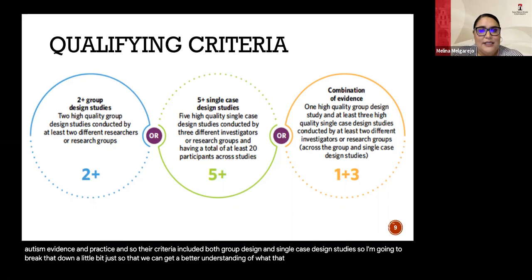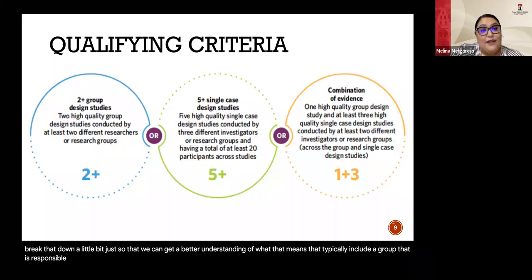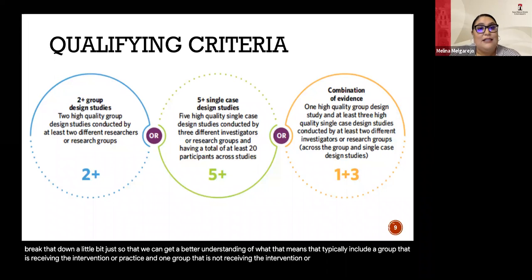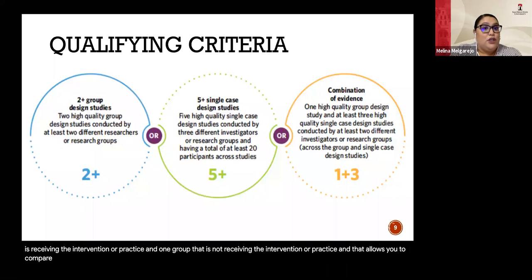Group design studies are those that typically include a group that is receiving the intervention or practice and one group that is not receiving the intervention or practice. And that allows you to compare the two groups to assess the effectiveness of the intervention.